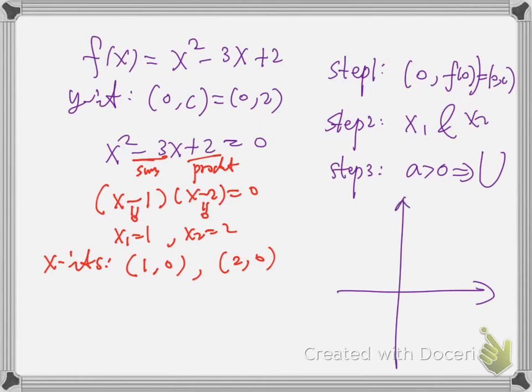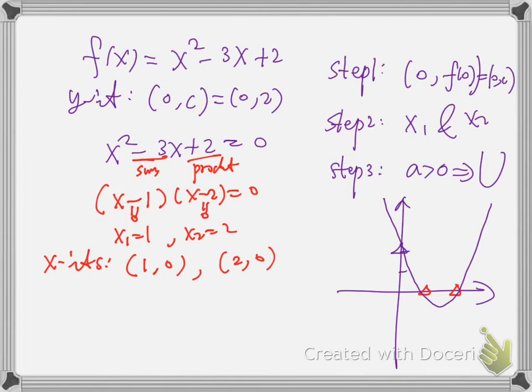The parabola passes through the y-intercept 2 and the x-intercepts 1 and 2. So here is 1, here is 2, and we need a parabola open up passing these three points. So this is the picture.